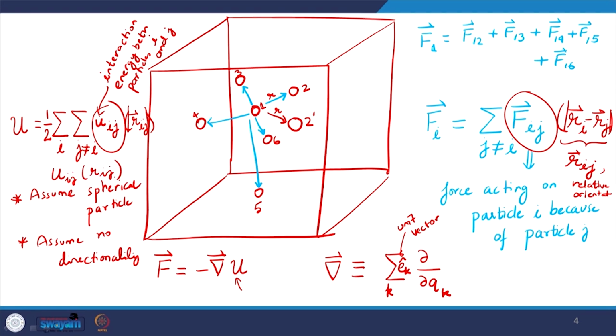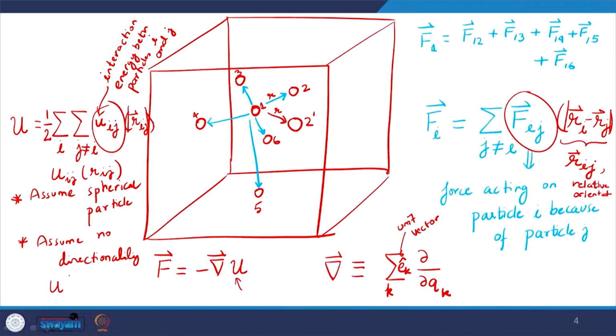And finally, if all the particles are identical in the system, then all the particles will have the interaction energy with other particles changing by the same function, right. Let us say all the particles have the same mass, same charge, everything, they are identical particles. In that case, you will not have different mathematical forms of interactions between them. So, in general we can write U of R for a one component system.